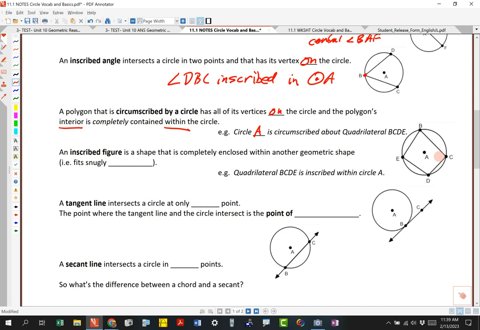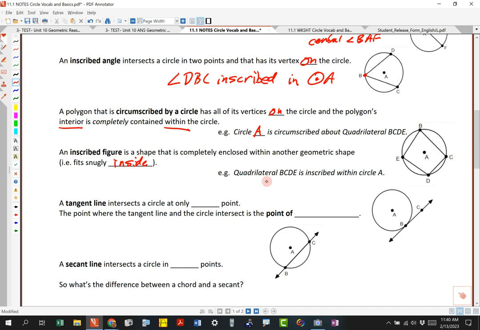And then the next one says an inscribed figure is a shape that is completely enclosed within another shape. So in other words, it fits snugly inside. So you can kind of match them up this way. Circumscribed, it's on the outside. Whatever does the circumscribing, it's on the outside. If it's inscribed, it's on the inside. Okay?